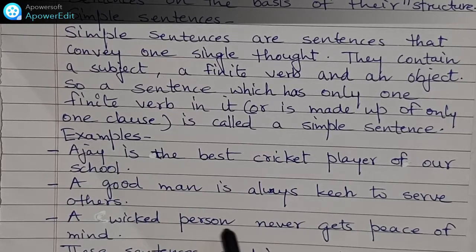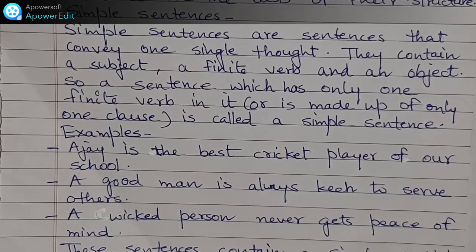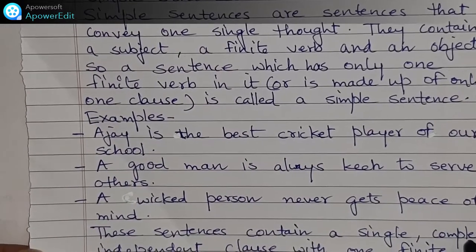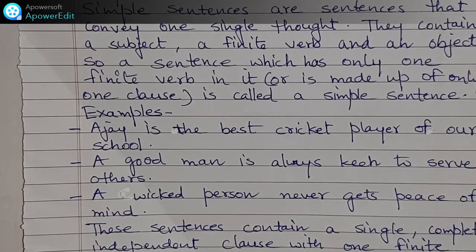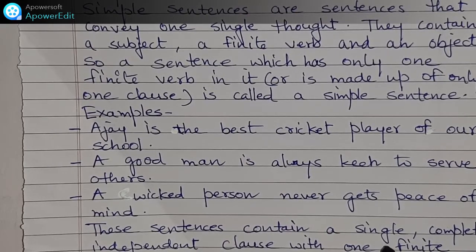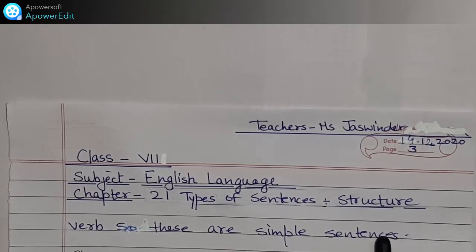A wicked person never gets peace of mind. These sentences contain a single complete independent clause with one finite verb. So these are simple sentences.